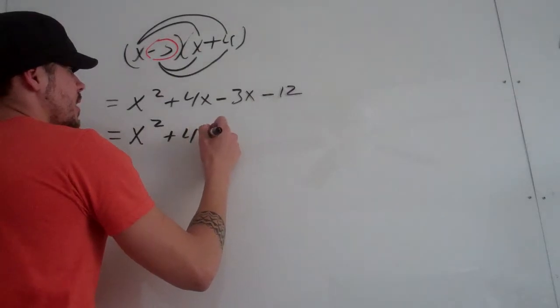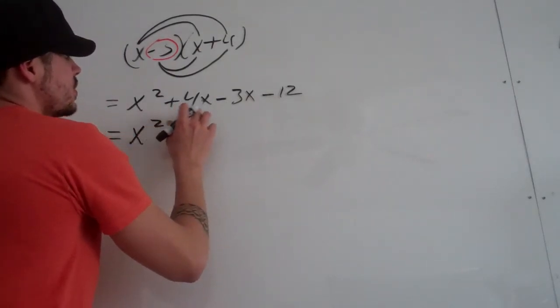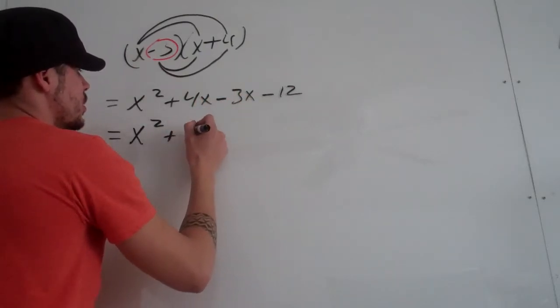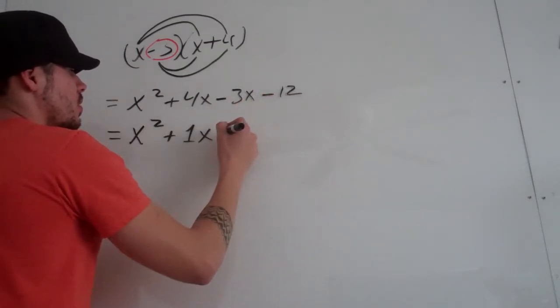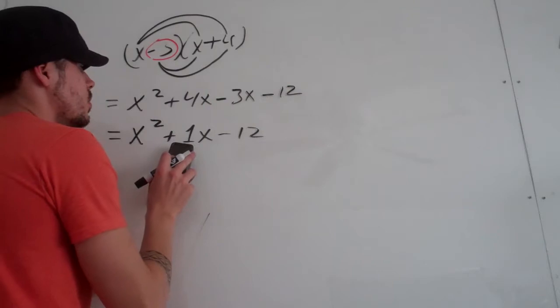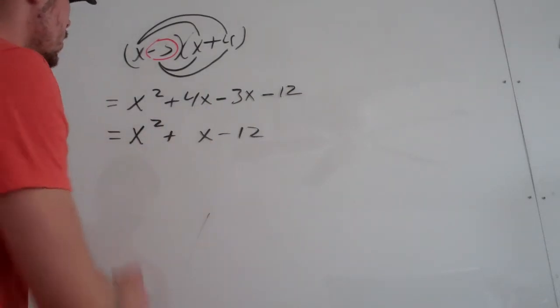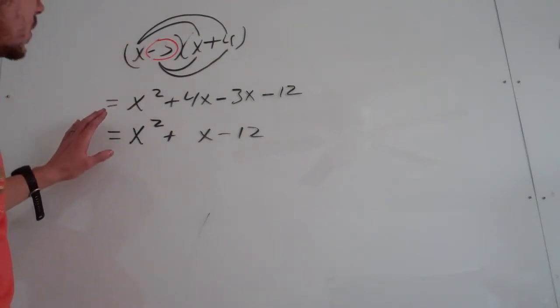Plus 4x minus 3x, which is just plus 1x, right? Minus 12. And you can also just write it as not 1x, but just x. So x squared plus x minus 12. This is equal to this.